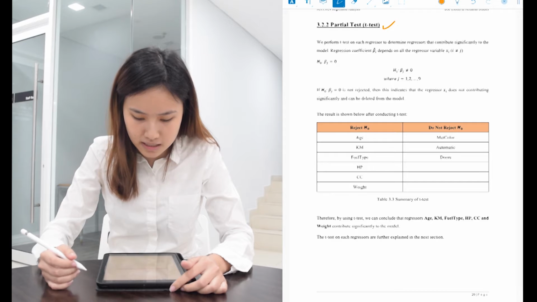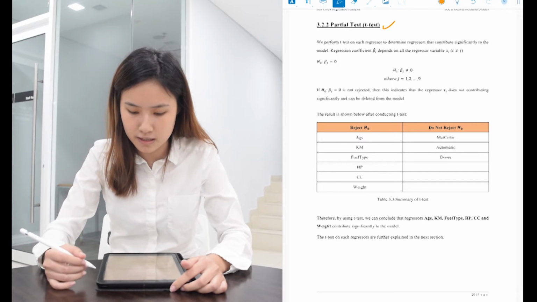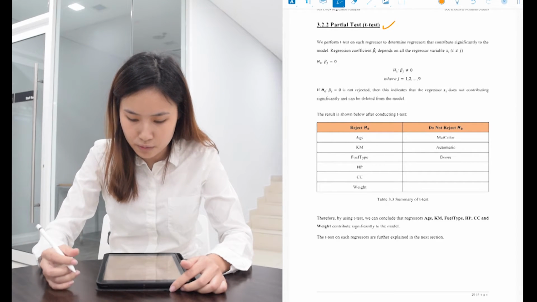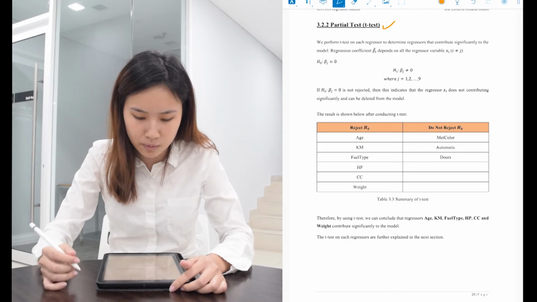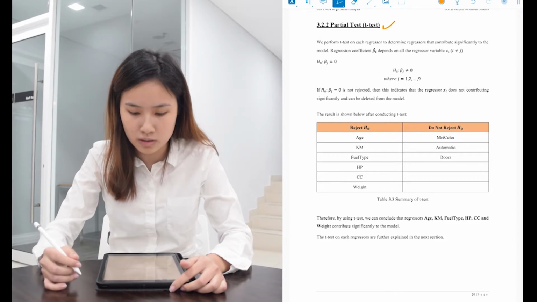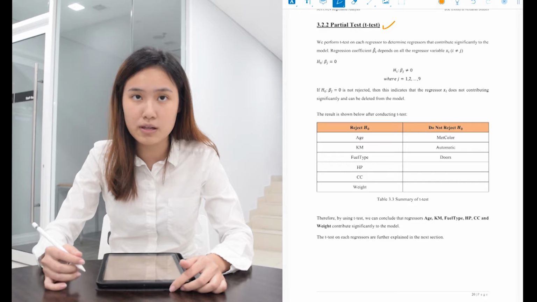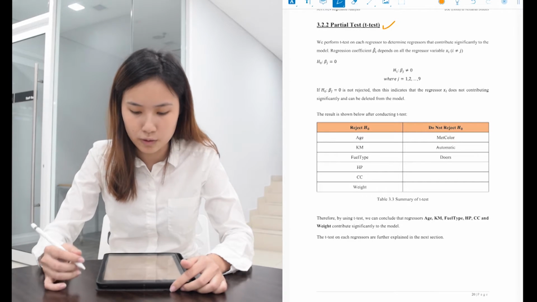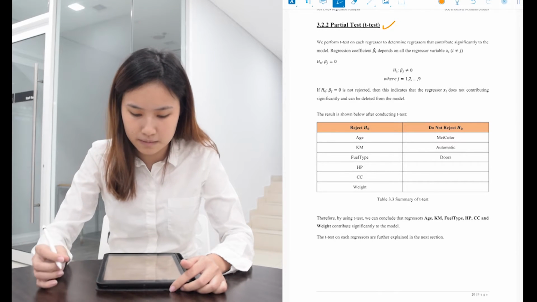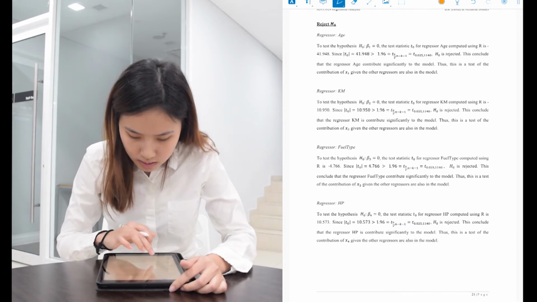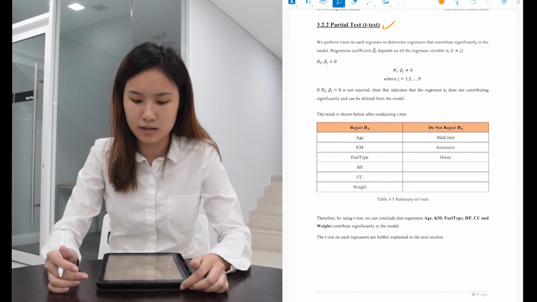By using the t-test, we can conclude that the regressors age, km, fuel type, HP, CC, and weight contribute significantly to the model because their t value is greater than the critical value of t, which is 1.96.